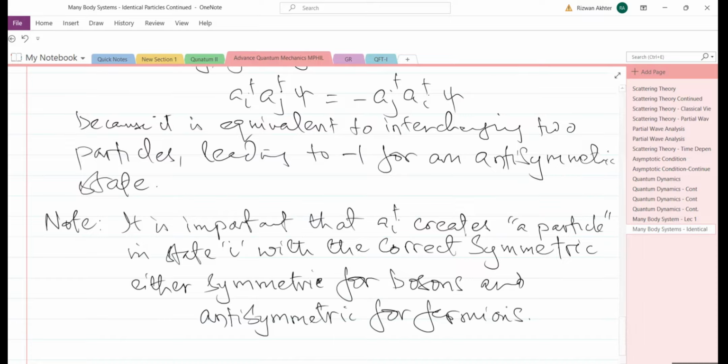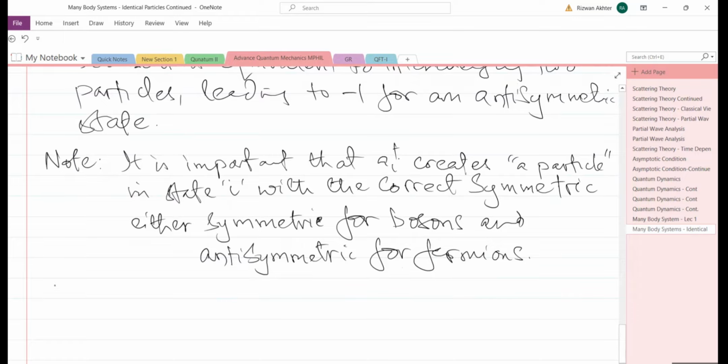And from this same argument that we are writing above, we can also prove the Pauli exclusion principle.